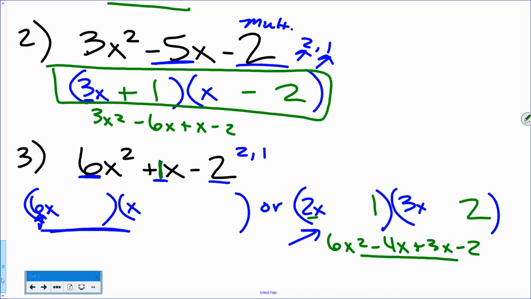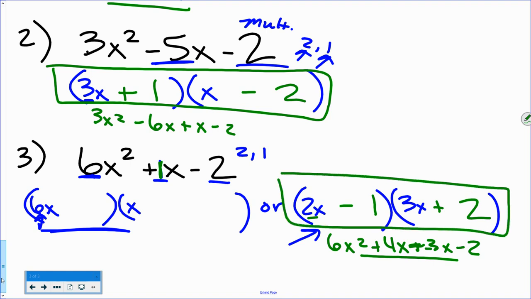So I'll quick change those. This would be a negative and that would be a positive. So then I get plus 4 and minus 3. And then I've got it. So it might take a couple of tries, but hopefully not too many if you're kind of thinking ahead a little bit.